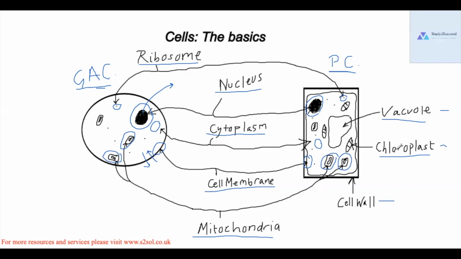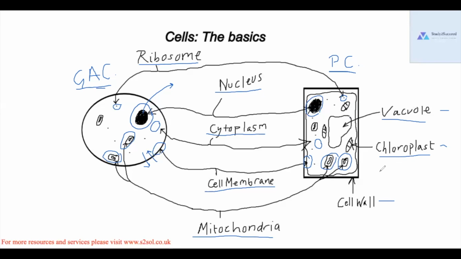So the chloroplast contain the substance chlorophyll, which is a green pigment that allows the plant to capture light and convert it into sugars that can be used for respiration. So the chloroplasts are really important as they provide the plant with a method to create its own energy.